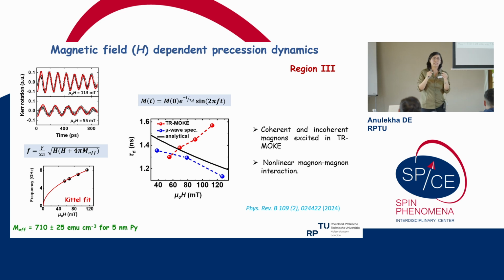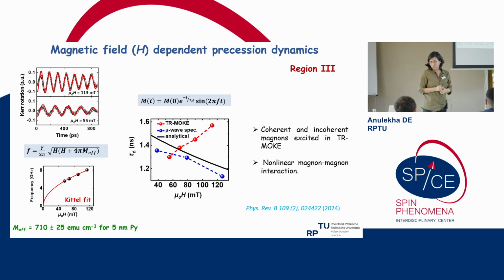This is not the case in normal microwave spectroscopy measurements, where no thermally generated incoherent magnons are present. As we have applied a tilted magnetic field, when we increase the magnetic field strength, the out of plane component increases, due to which the percentage of incoherent magnons reduces.